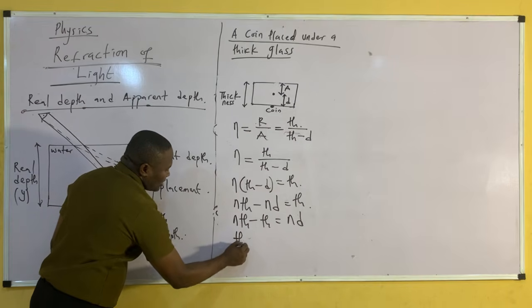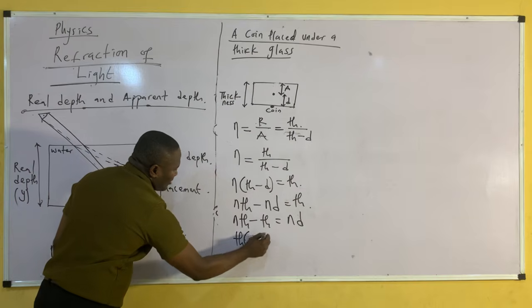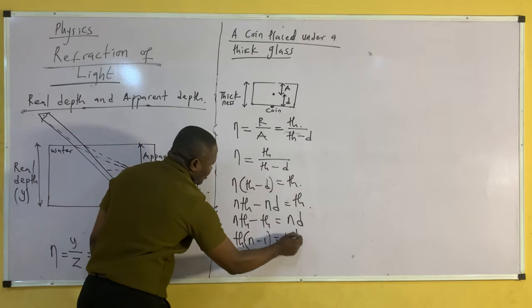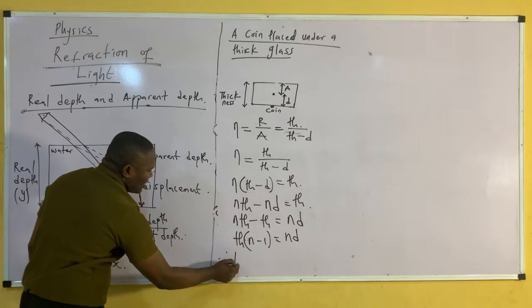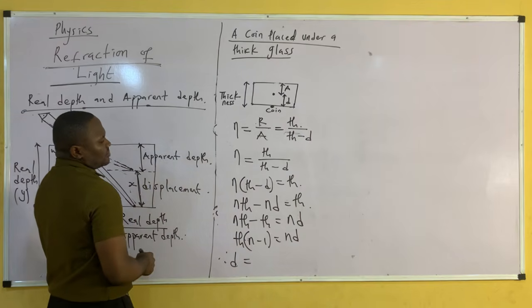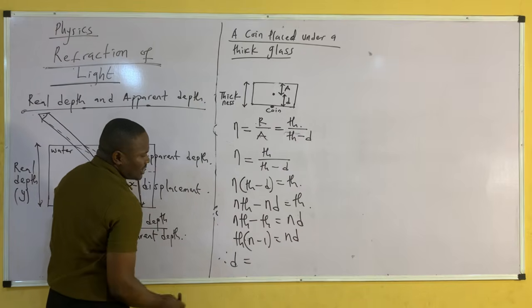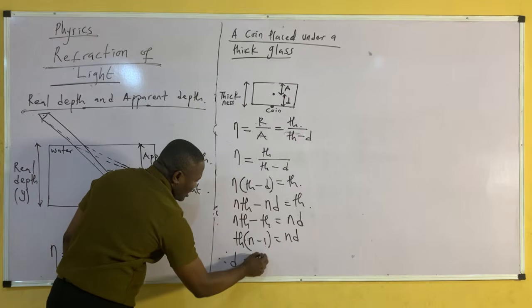So thickness is common: thickness, open bracket, n minus 1, is equal to n times displacement. What is now displacement?